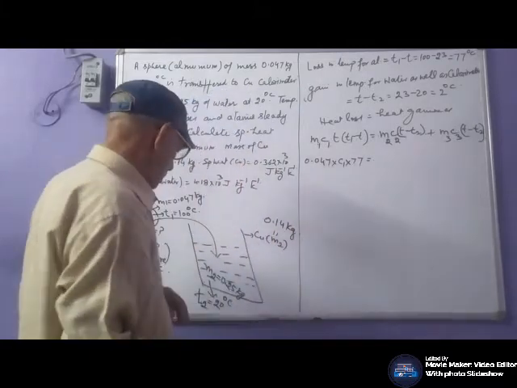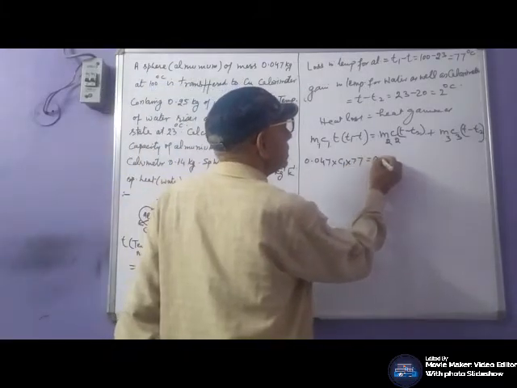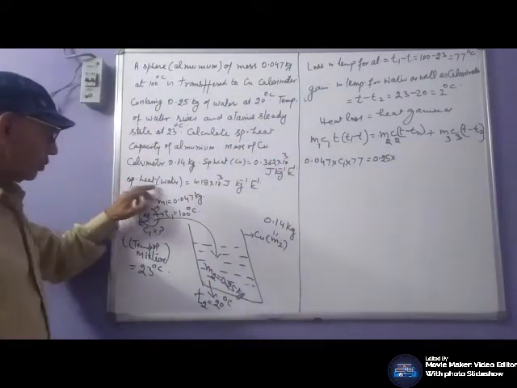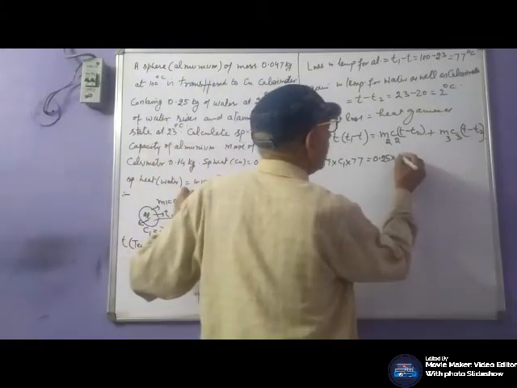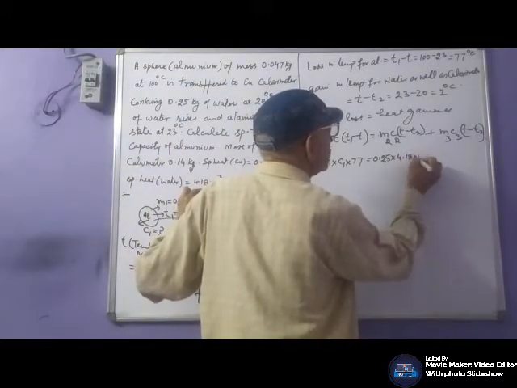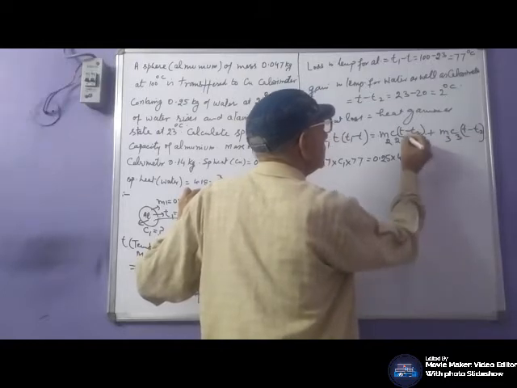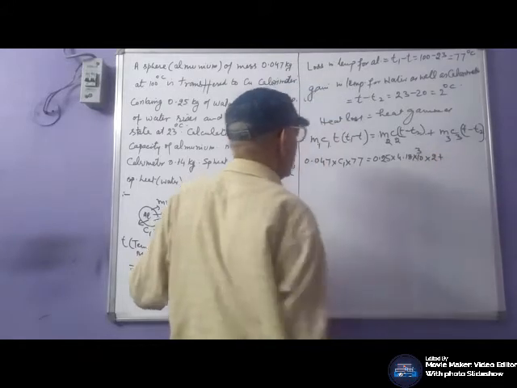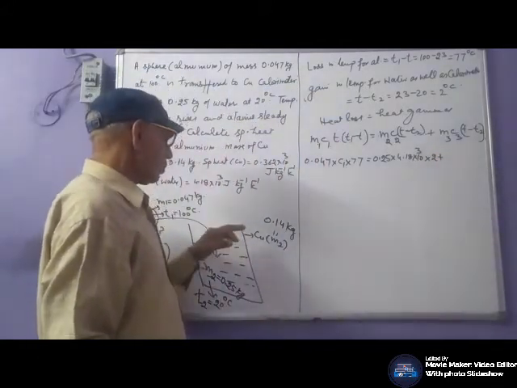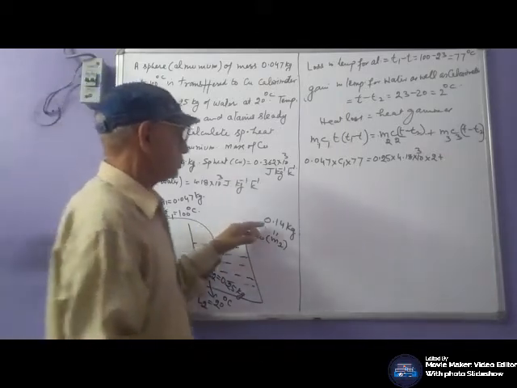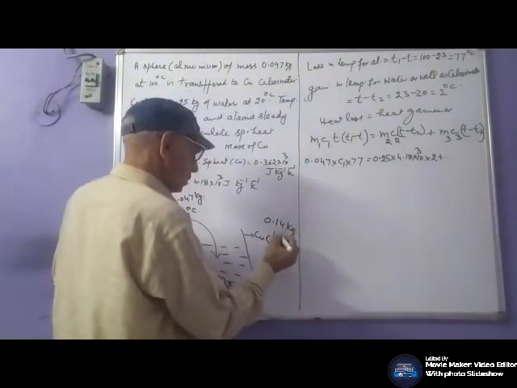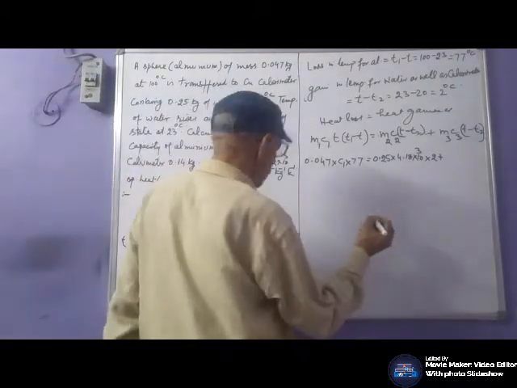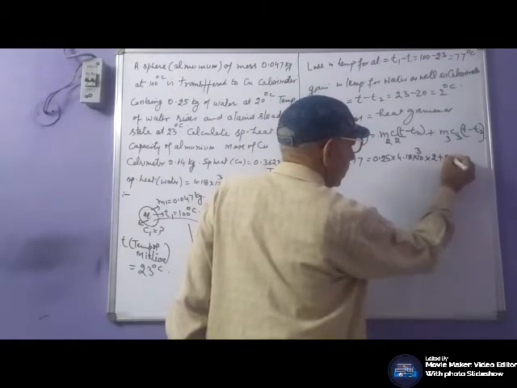M2, mass of water, 0.25. C2, specific heat of water, 4.18 times 10 to the power 3. T minus T2, the rise, is 2, plus M3, mass of copper calorimeter, 0.14.